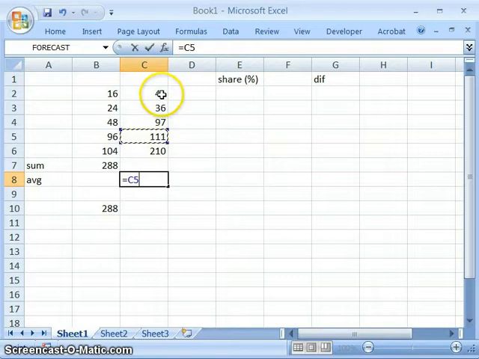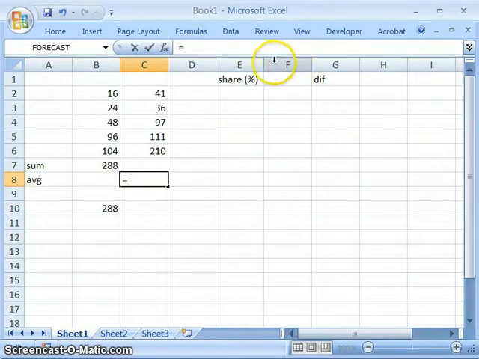But what makes it difficult in Excel is that you have to remember your algebra, because if you put in all of these numbers and then divide by 5, it's actually going to make it the wrong formula, because you want it to add the numbers up and then divide by 5.